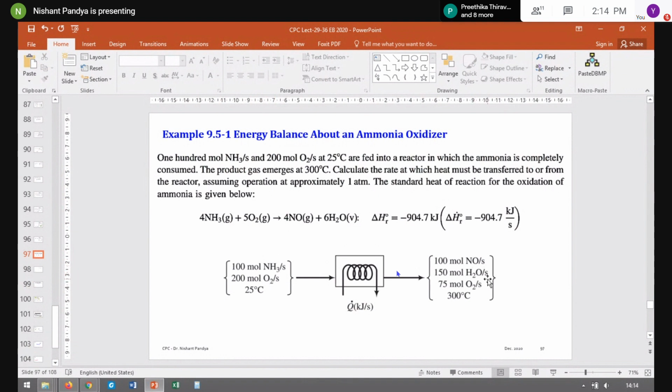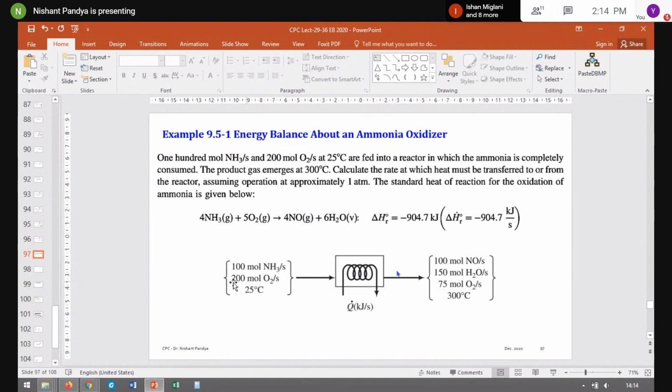NO, H2O, and that's it, O2. You can take them as a reference state at 25 degrees Celsius. So your enthalpy table, first the inlet enthalpy table, all these enthalpies are zero. You can simplify it. You can put this to zero. And then remaining only 3 enthalpies left to calculate, this, this, and this, and this is already given.